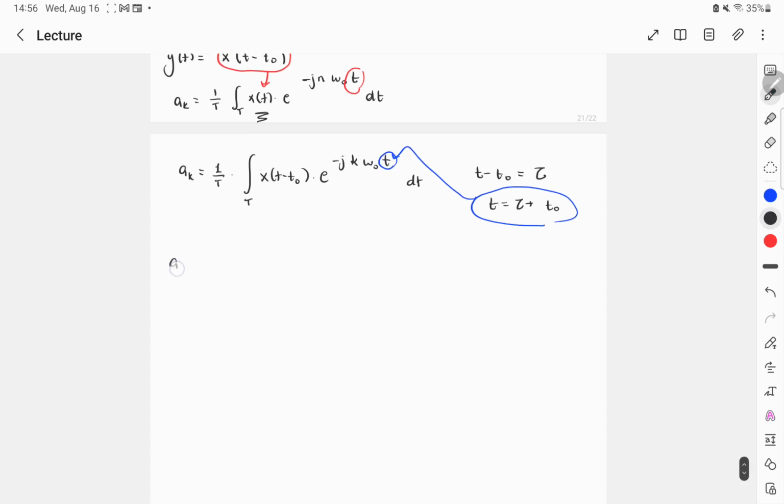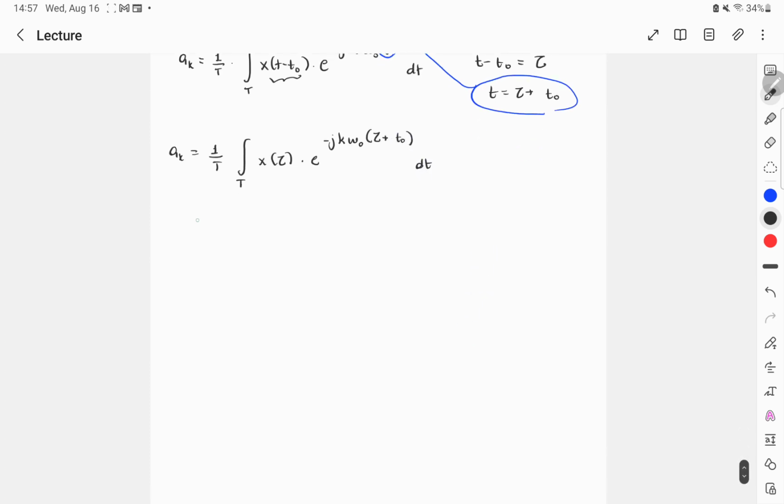And we will write it as x(tau). This time I wrote tau instead of this expression, and times e to the minus j k omega (tau plus t0) dt. All right, and then let me open this parenthesis and write.